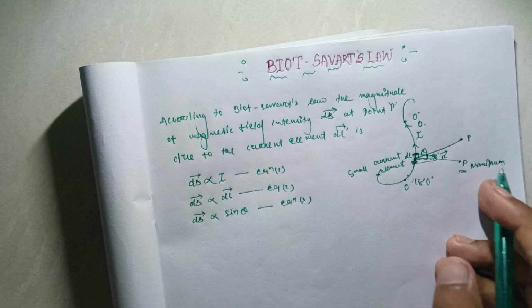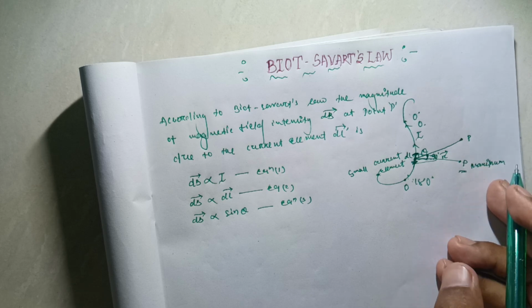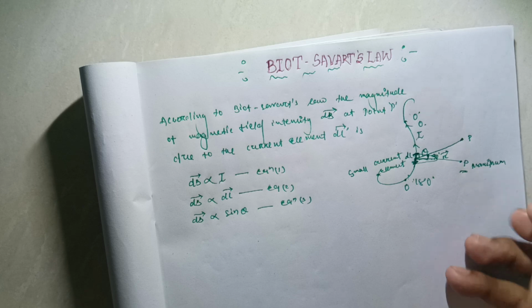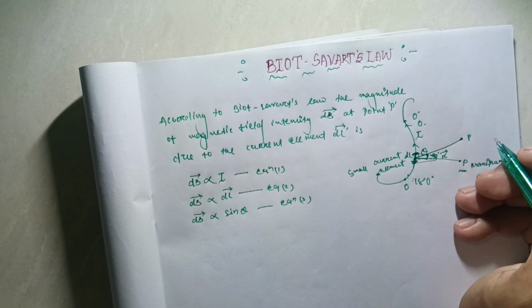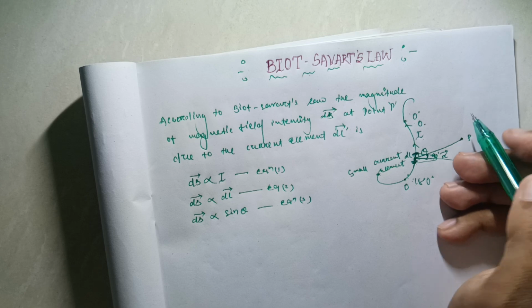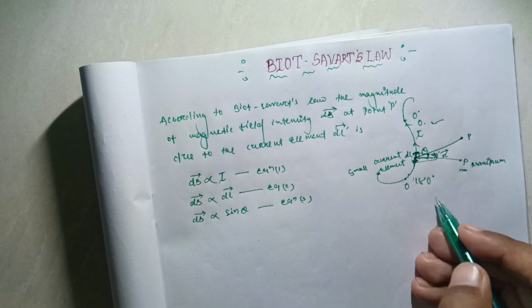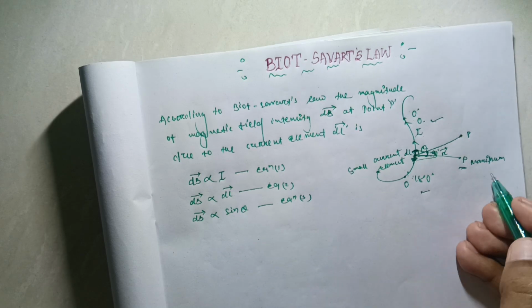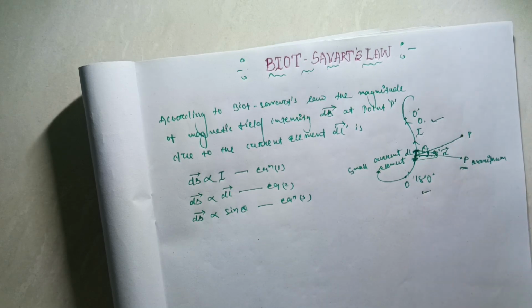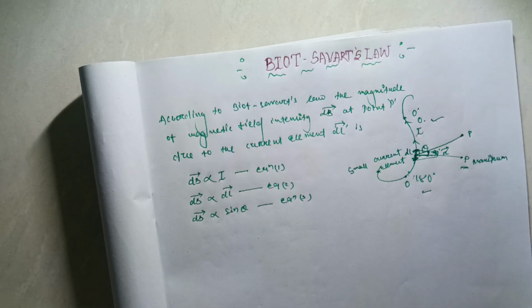So remember the trigonometric function which behaves the same way. We know sine 0 degree equals 0, sine 180 degree equals 0, and sine 90 degree is maximum. So dB vector is proportional to sine theta.